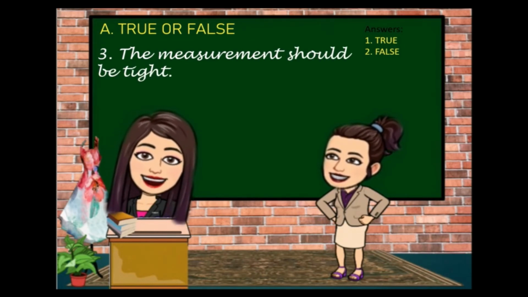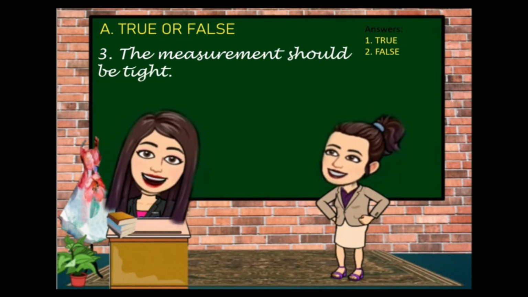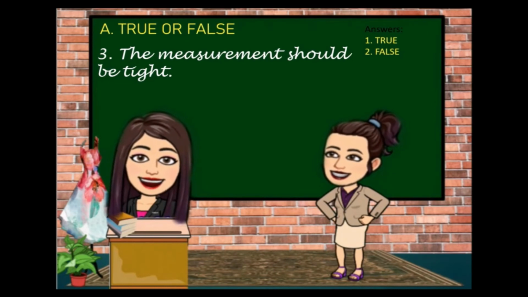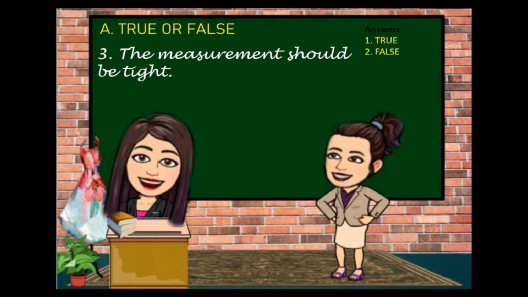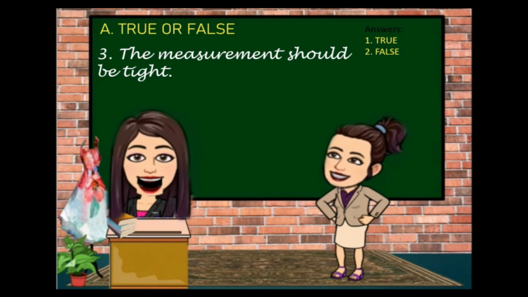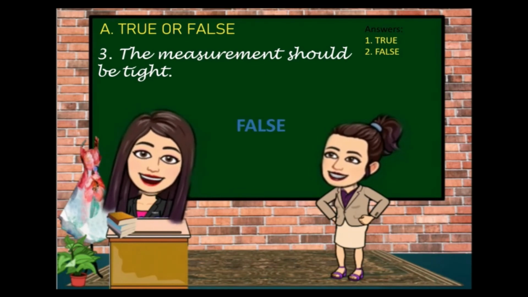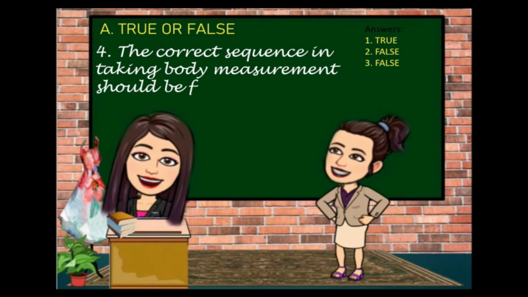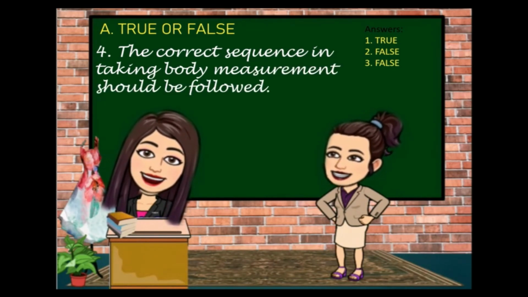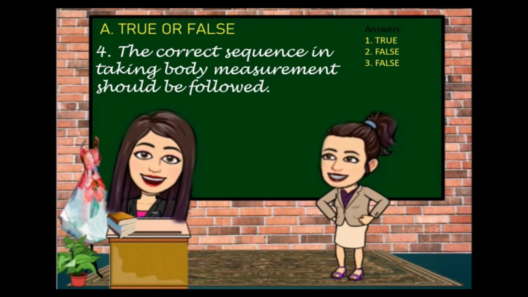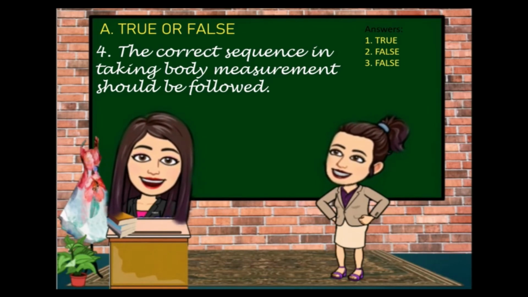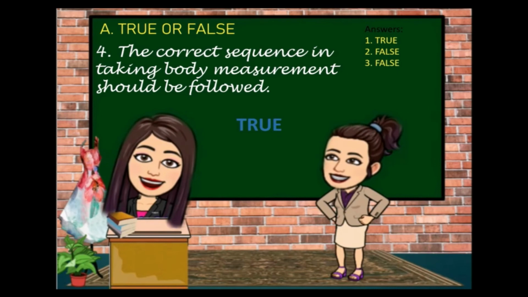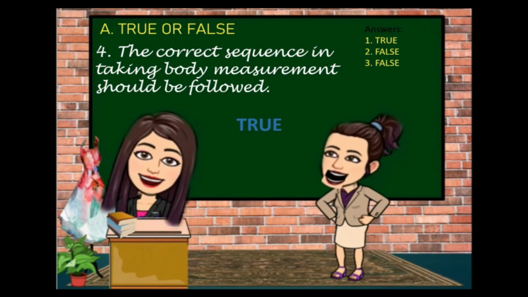Number 3. The measurement should be tight. The answer is false. 4. The correct sequence in taking body measurement should be followed. The answer is true. Very good.